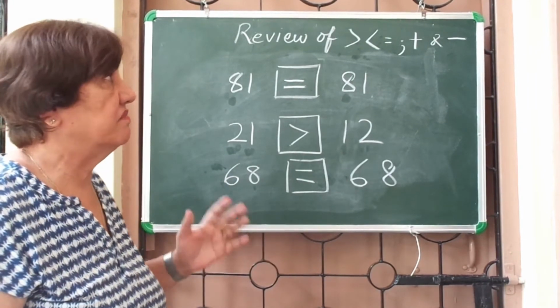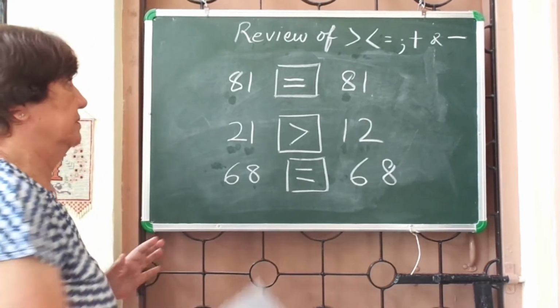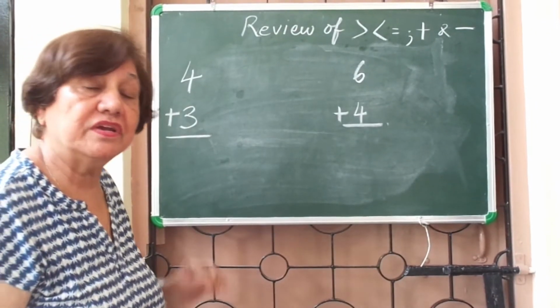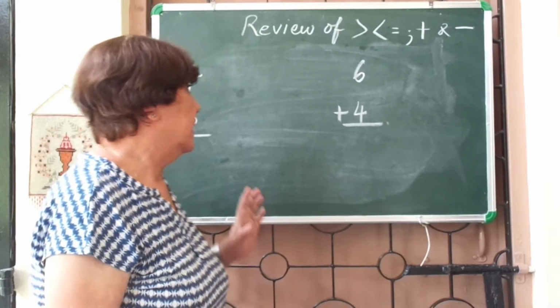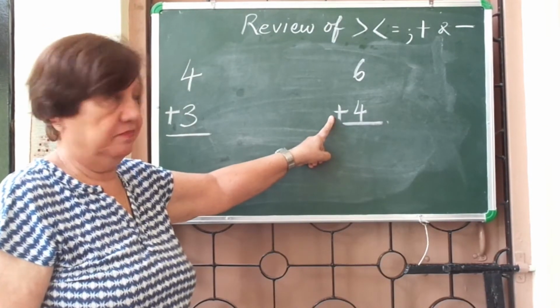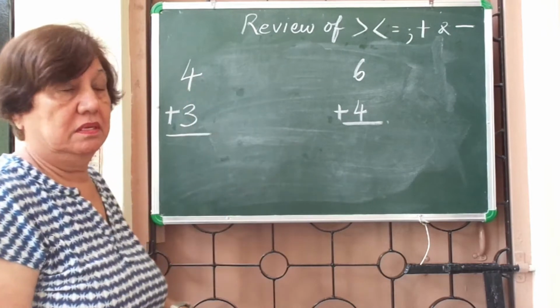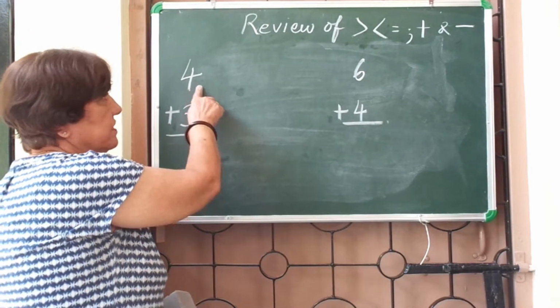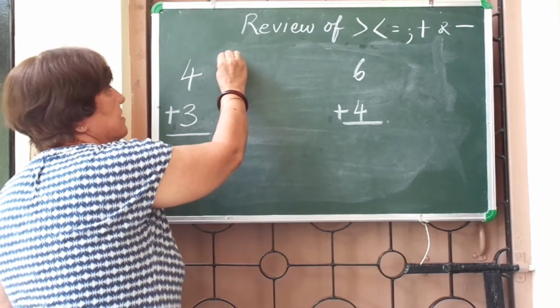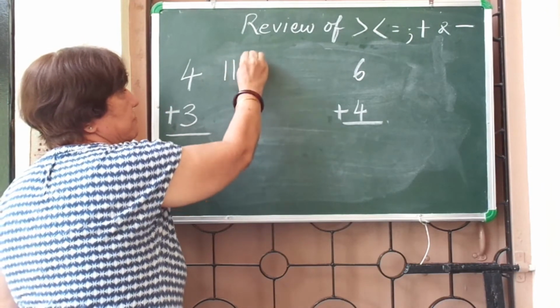Okay? Now we are going to do some sums on addition. So now children, we are going to do addition. Okay? Now look at this side. It's plus and this is plus. We look at the top number. What number is this? This is number 4. So how many lines will I draw? 1, 2, 3, 4.